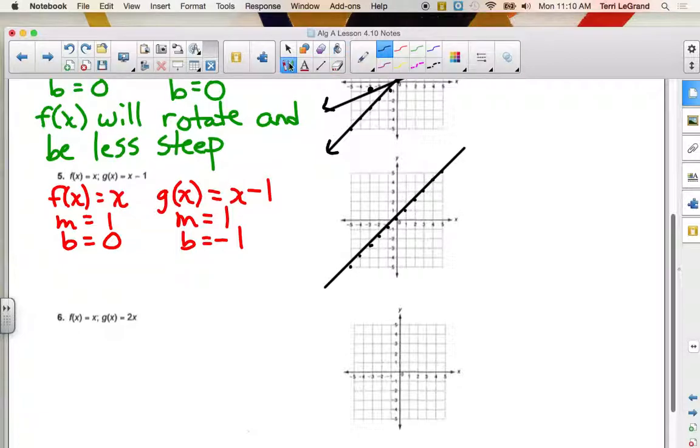But then stop and say, okay, here's what I think is going to happen to f of x before you graph g of x. And write down what you think is going to happen to f of x, considering how we've described it above. Or do you know what changed?